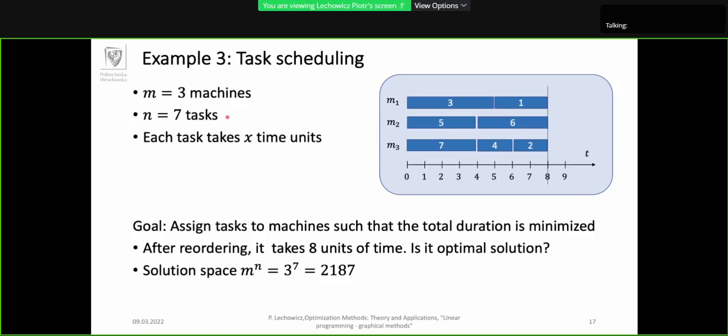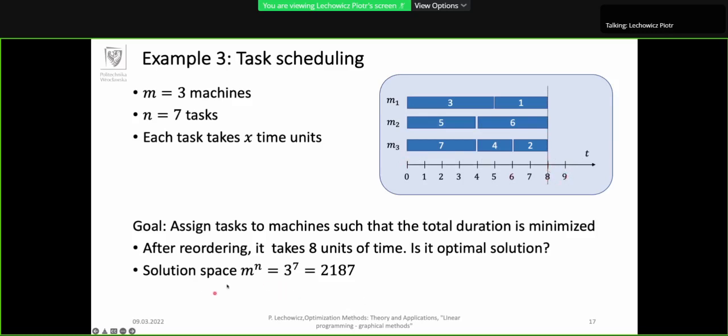So this is the optimal solution, because if we reduce the time consumed on one machine, we have to increase it on another, and we cannot increase it on any machine without exceeding this total duration of 8.